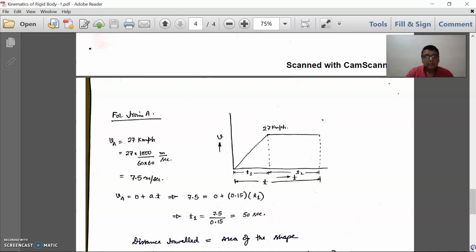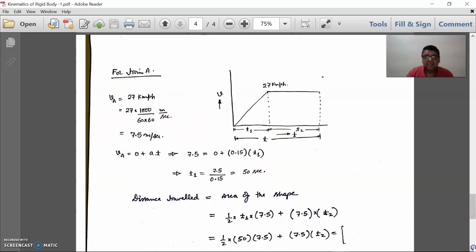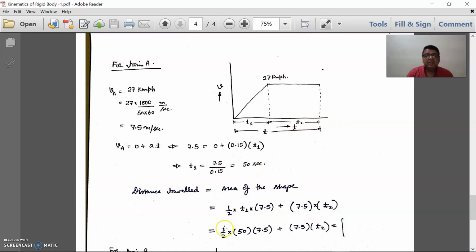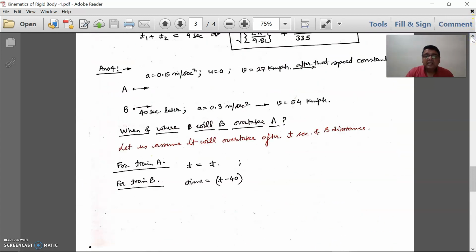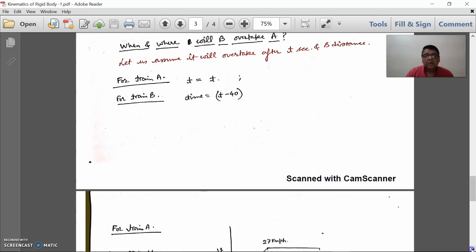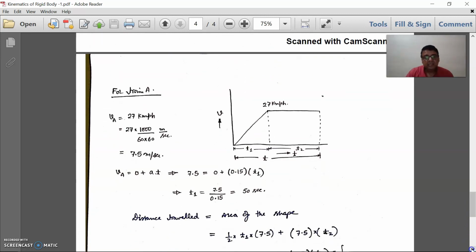So total distance traveled is the area of the shape: half into t1 into 7.5 plus 7.5 into t2. I am interested in the calculation of distance and time, and so far I do not know either the time or the distance.